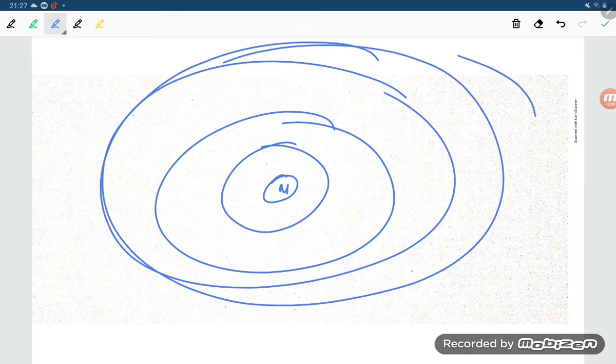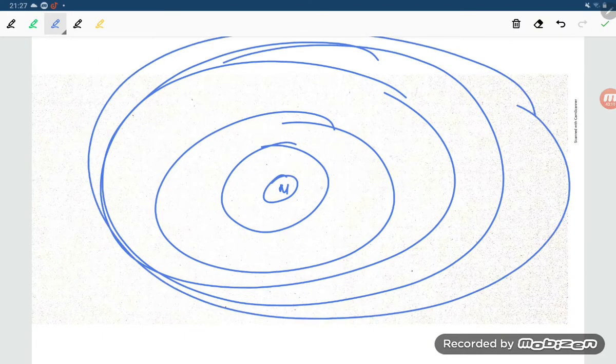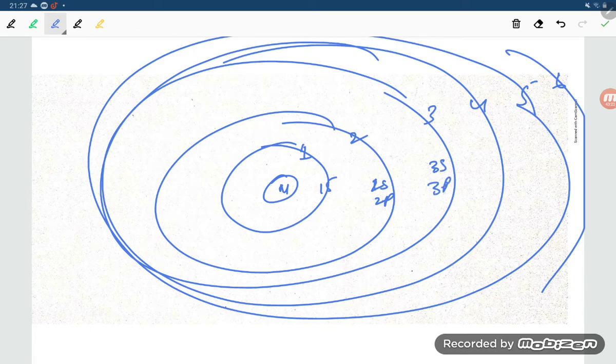Which orbit will come first? If it is 1, 2, 3, 4, 5 and 6, here will come 1s, here 2s, 2p, here 3s, 3p, and 4s, 4p, 4d, and 4f also, 5s, 5p, 5d and 5f.